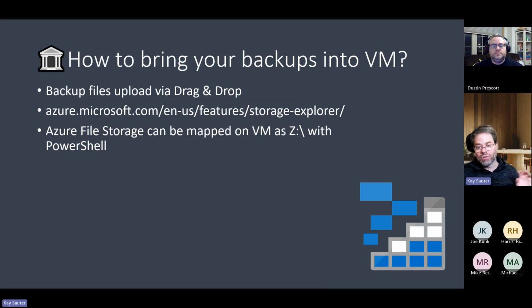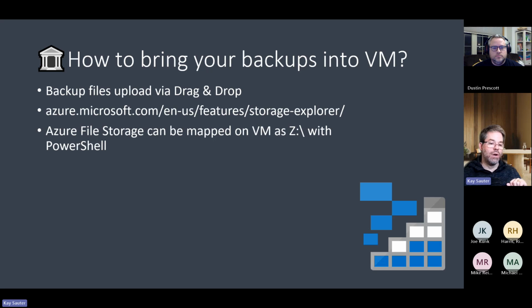The next question is, if you want to have a SQL Server VM, of course, we also want to have a database there. How do you upload it? In this demo, I'm going to show you that we can use Storage Explorer.